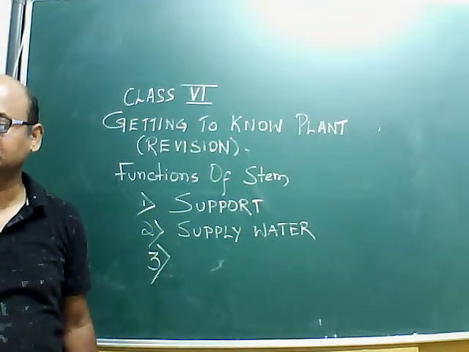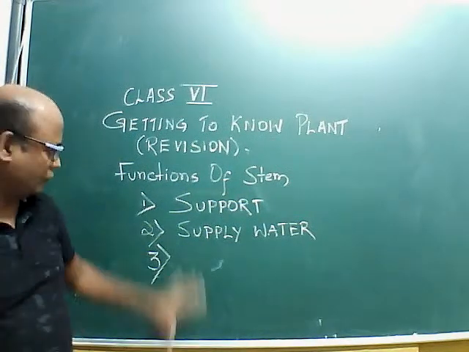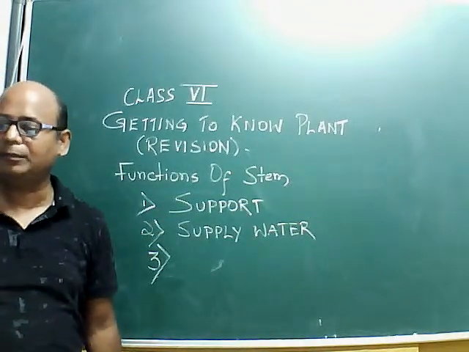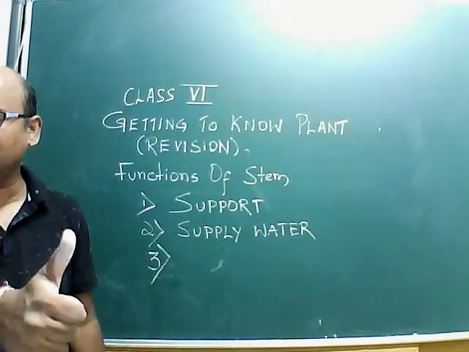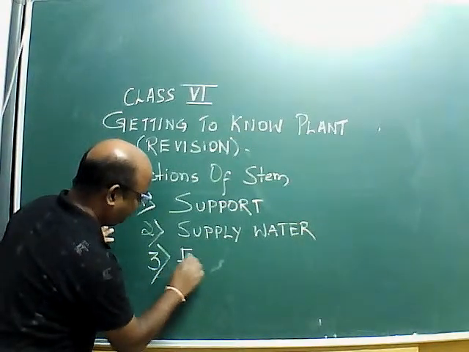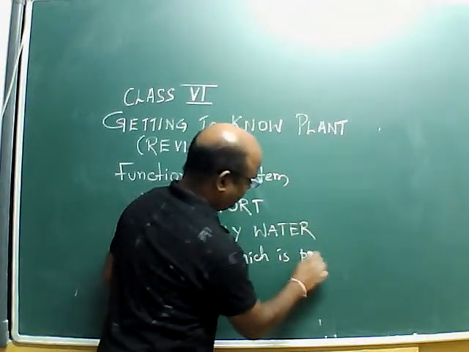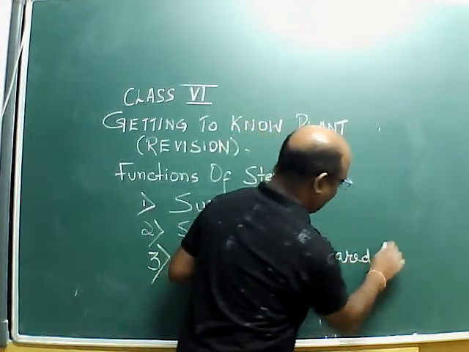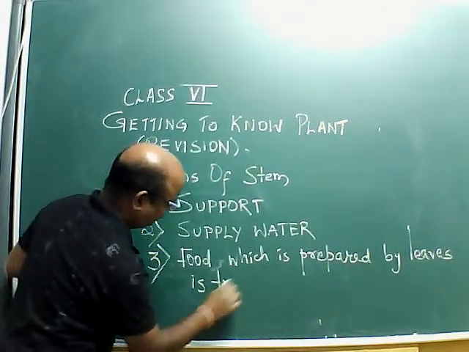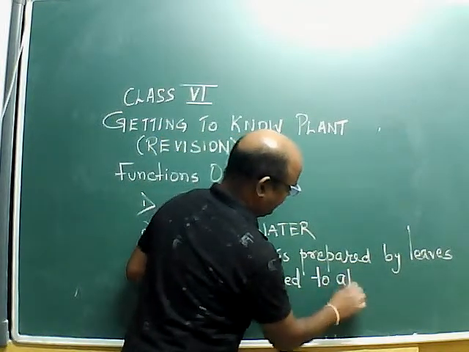Third function. What is the third function? First you told support, second supply of water, third is food which is prepared by the leaves. Yes, correct answer. Food which is prepared by the leaves is transported to all parts of the plant.